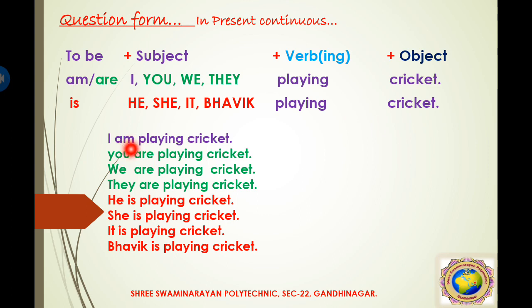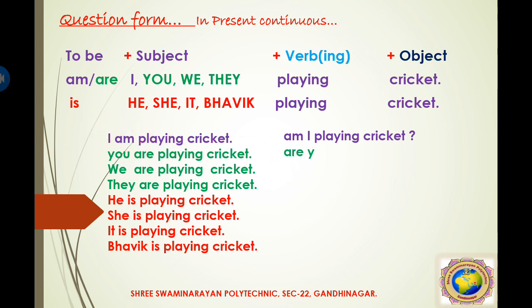Our simple sentence is: I am playing cricket, you are playing cricket. Now we convert it into question form. We just place the to be form before the subject. How is it made? Am I playing cricket? Here am is before the subject.